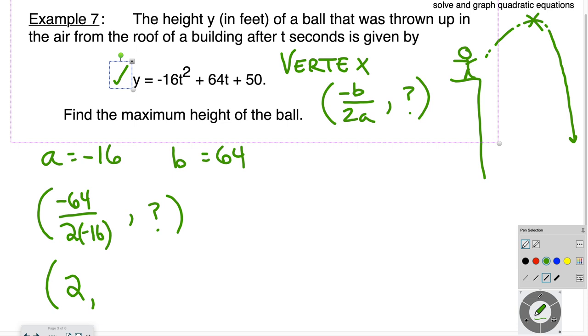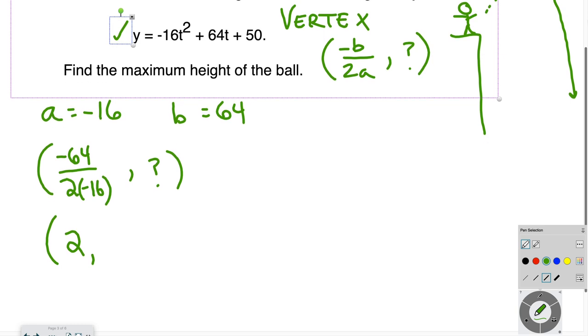How do I find the output, the y coordinate? You plug in your x coordinate, or in this case, the t, but yes, you plug that into the equation. So I now have negative 16 times 2 squared plus 64 times 2 plus 50.